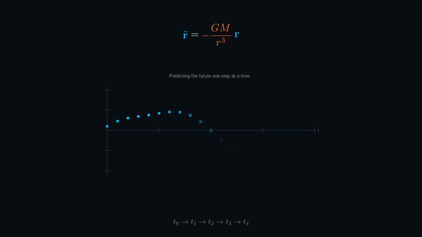Physicists and engineers usually rely on numerical approximations, step-by-step calculations that trace the future one small interval at a time. For many systems, that's enough. But for chaotic systems, even tiny errors eventually grow, and prediction breaks down.